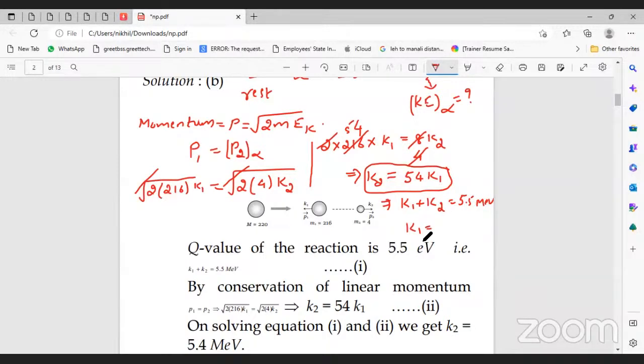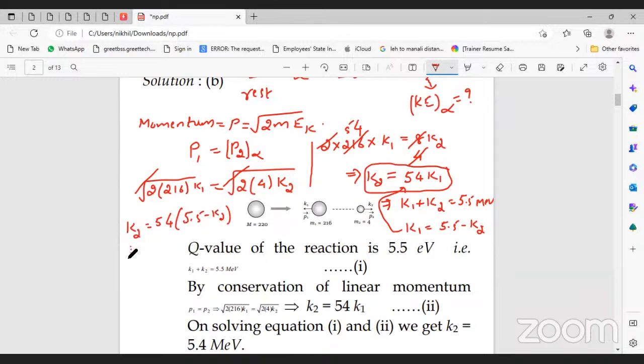You have to solve for K2. So K1 will be what? 5.5 minus K2. Substitute this K1 here. So what will you get? K2 will be 54 into K1, and K1 is 5.5 minus K2.